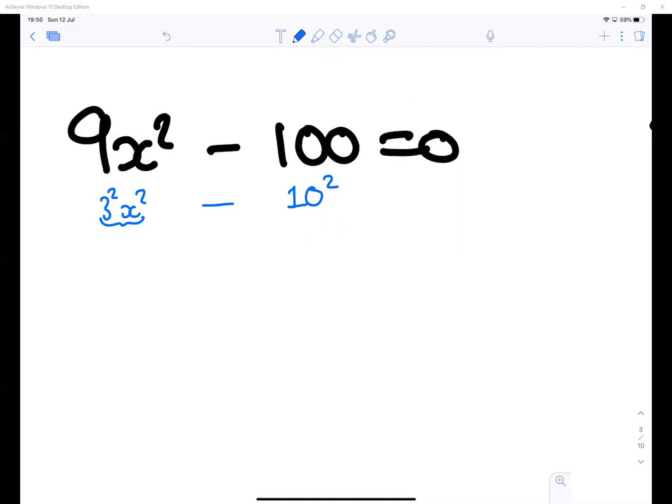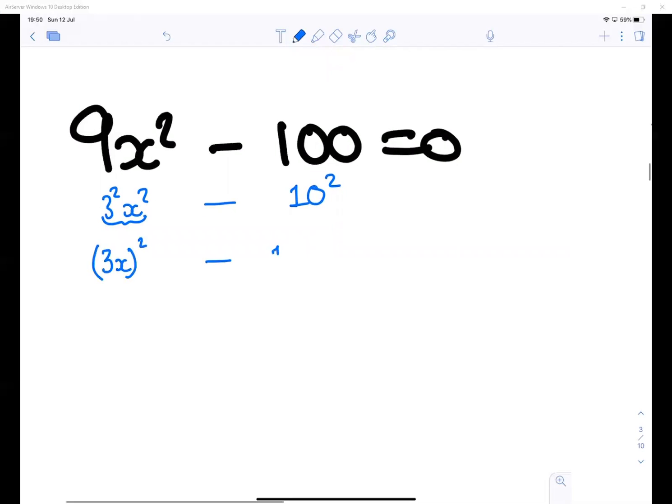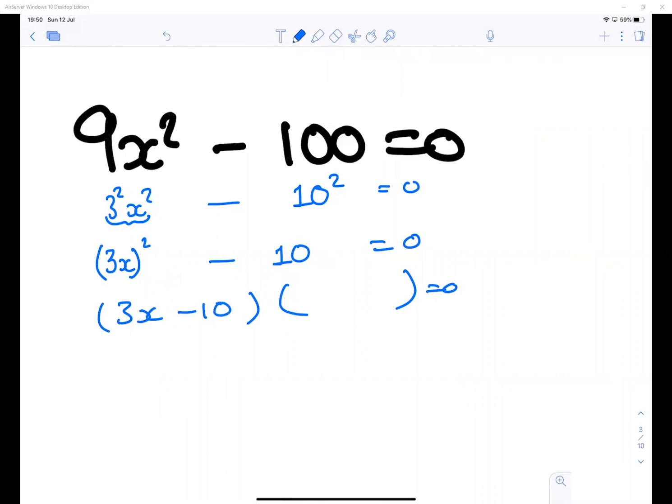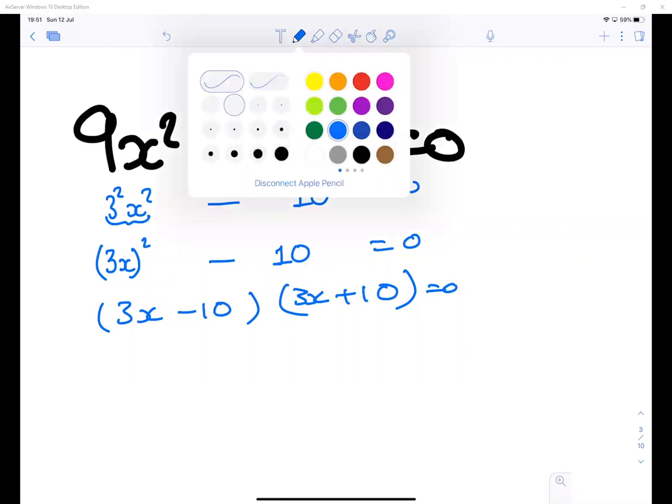Go on then. So it'll be 3x whole squared. Okay, what do we copy down into the brackets? You write 3x minus 10, and you write 3x plus 10. So now we have to solve it.